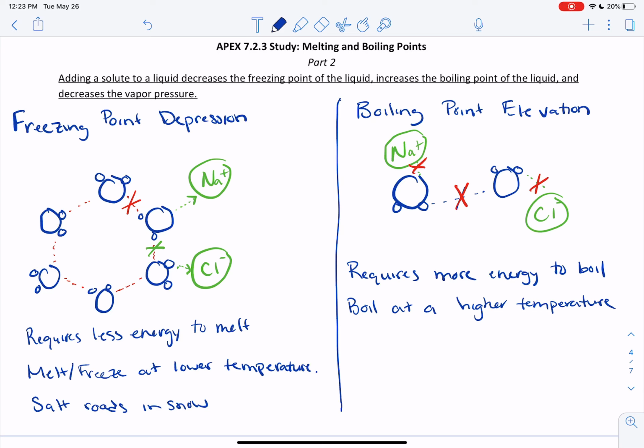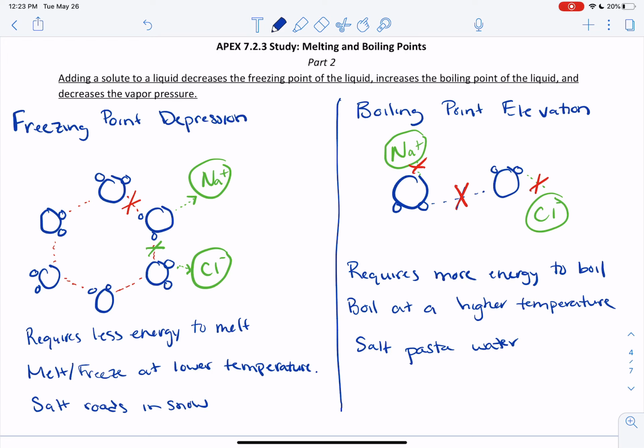An example of this is if you salt your pasta water. If you're boiling water and you add salt, you might have noticed it stops boiling. That's because the salt makes it boil at a higher temperature. So next time you're making pasta, notice that that happens.